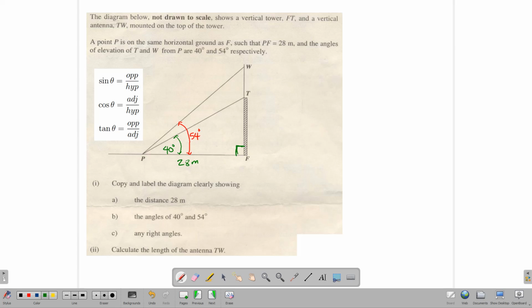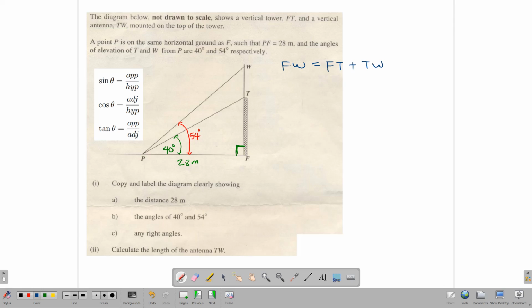We need to calculate the length of antenna TW using the same thing we did a while ago, with the idea that this long one, FW, is made up of FT, which is the tower, and TW, which is the antenna.